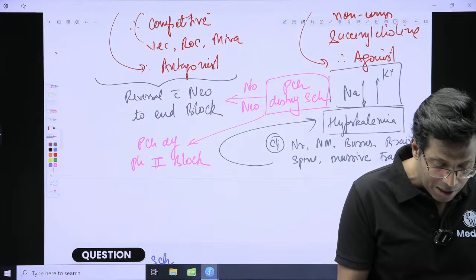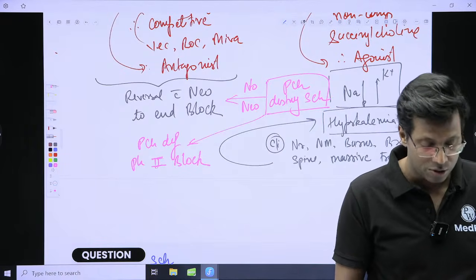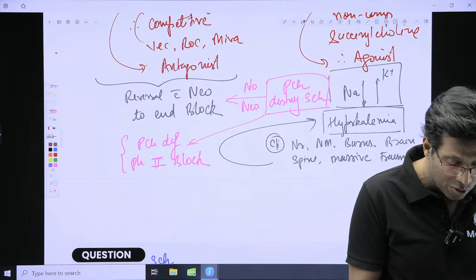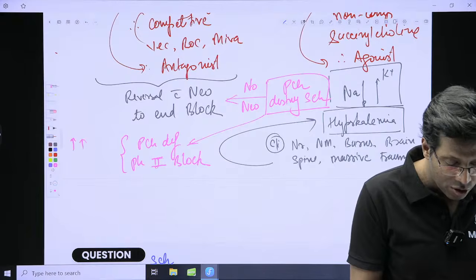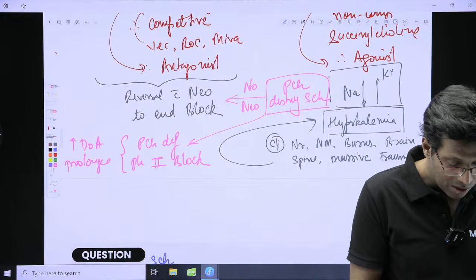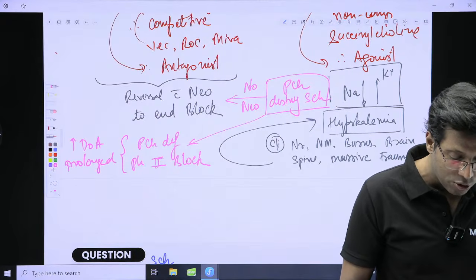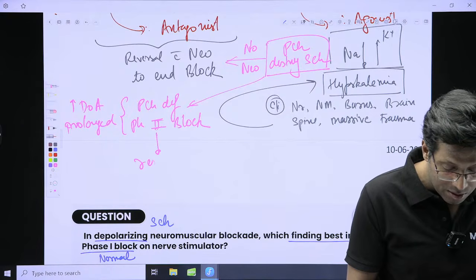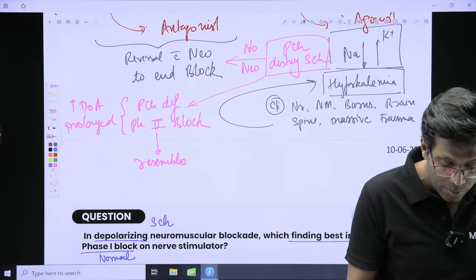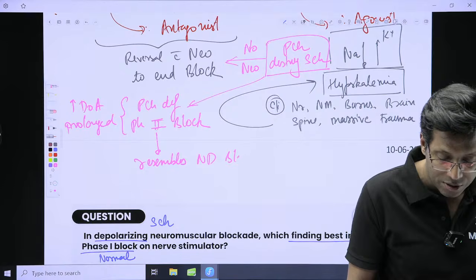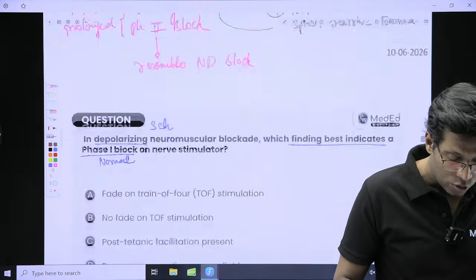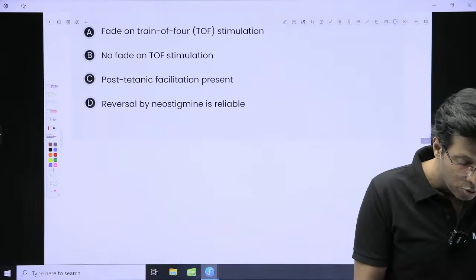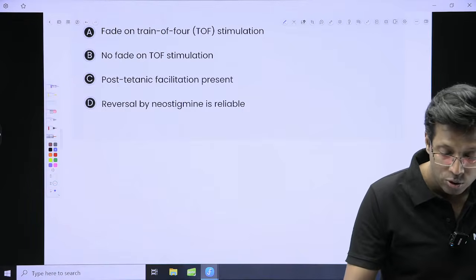But when there is a plasma cholinesterase deficiency, it becomes phase 2. It becomes prolonged, with increased duration of action. But more importantly, in phase 2 block, succinylcholine resembles a non-depolarizing block in characteristics.